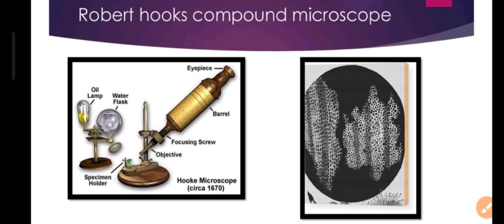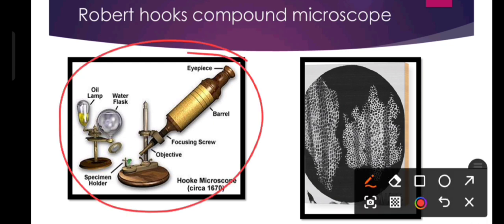Yes, coming to the contribution of Robert Hooke in the study of the cell. In 1663, Robert Hooke, an English scientist, discovered a compound microscope. See, this is the compound microscope discovered by Robert Hooke, which was made up of two lenses.